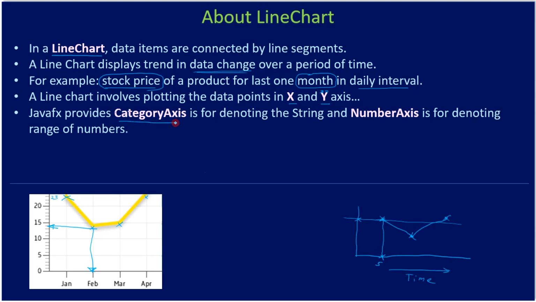One is a category axis. Here you can see it's a category axis. So using the category axis we specify the month. Here month is the category. Sometimes you can specify the product and their sales in a year.